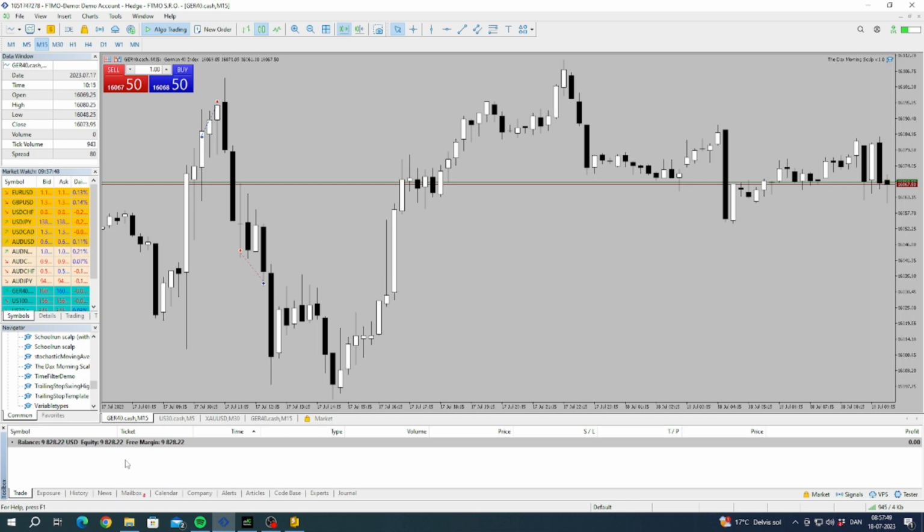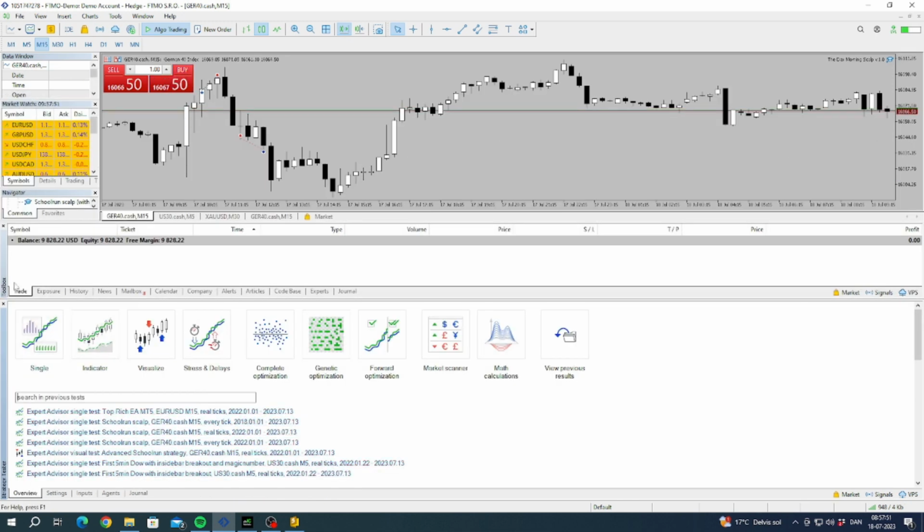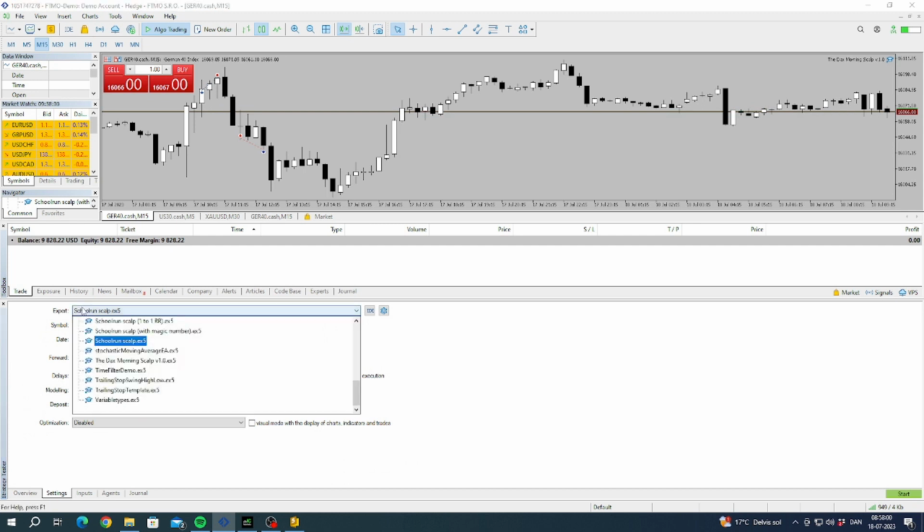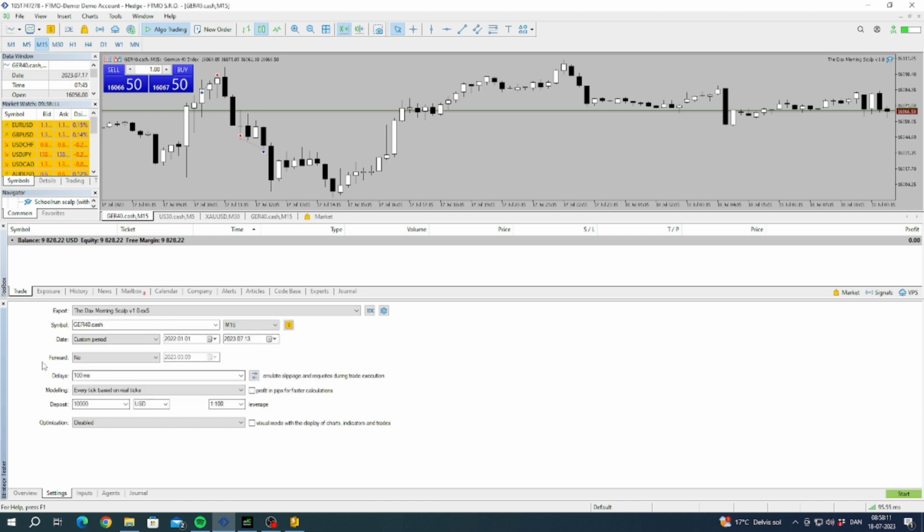I'll just open up the strategy tester here in MetaTrader 5 and we'll do a single test. And we will select the Dax Morning Scalp strategy. I have too many strategies on, but here's the Dax Morning Scalp version 1.0, which is the current version that you can also find on the MQL5 market.